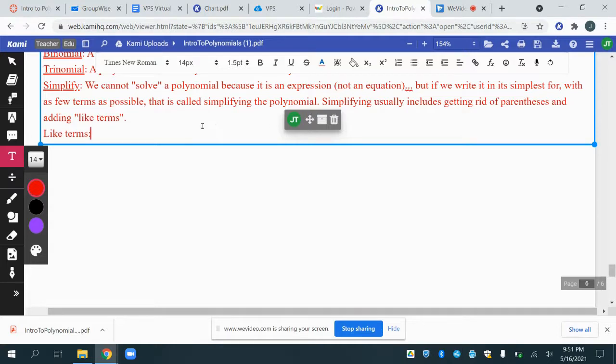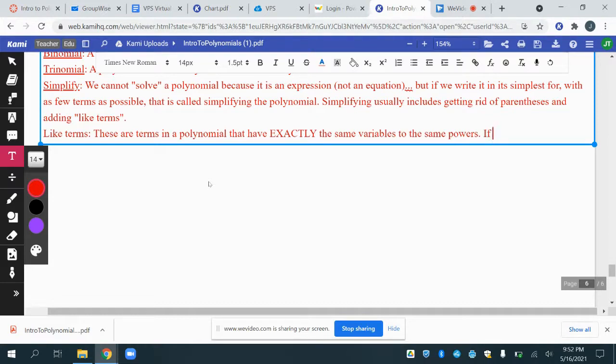We're going to talk about what are like terms. These are terms in a polynomial that have exactly the same variables to the same powers.